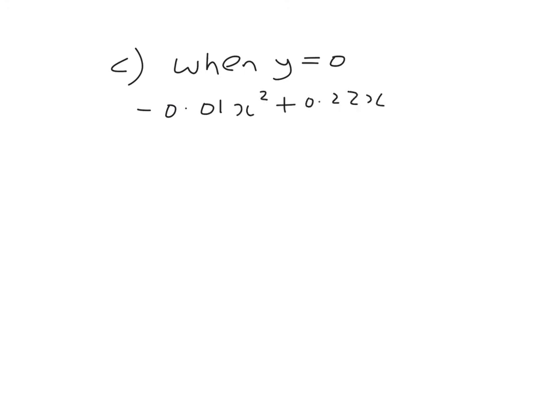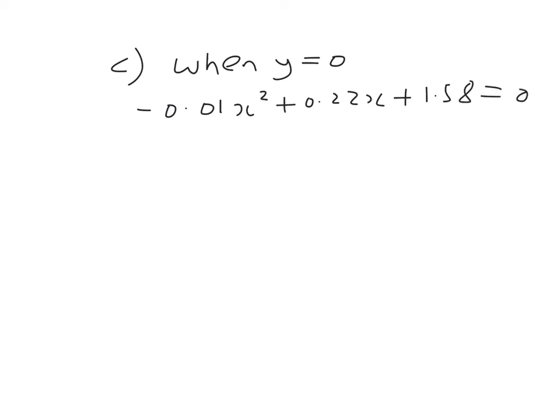Now in part C of this question it says how far from goal is the football when it is kicked. Well, when it's kicked, the y value has to be 0. So when y equals 0, we get minus 0.01 x squared plus 0.22x plus 1.58 equals 0.